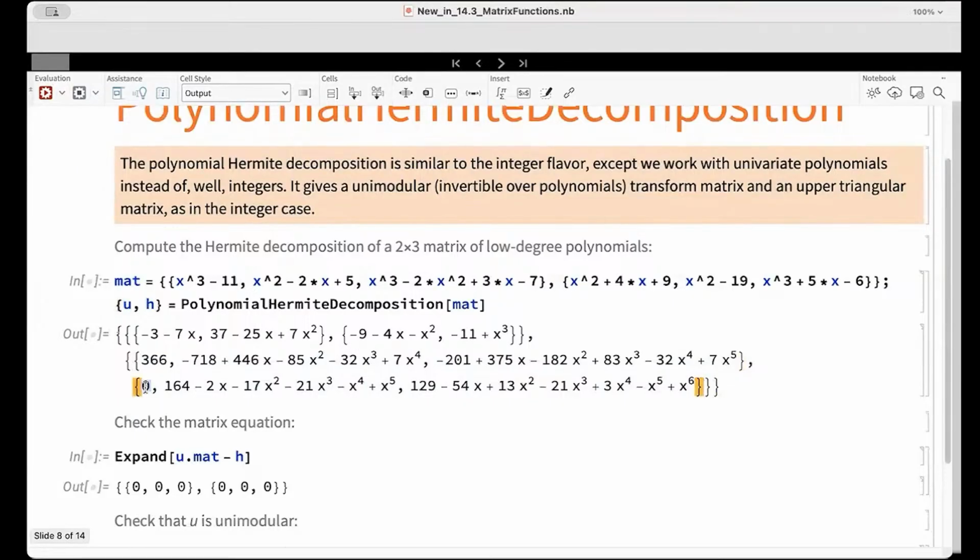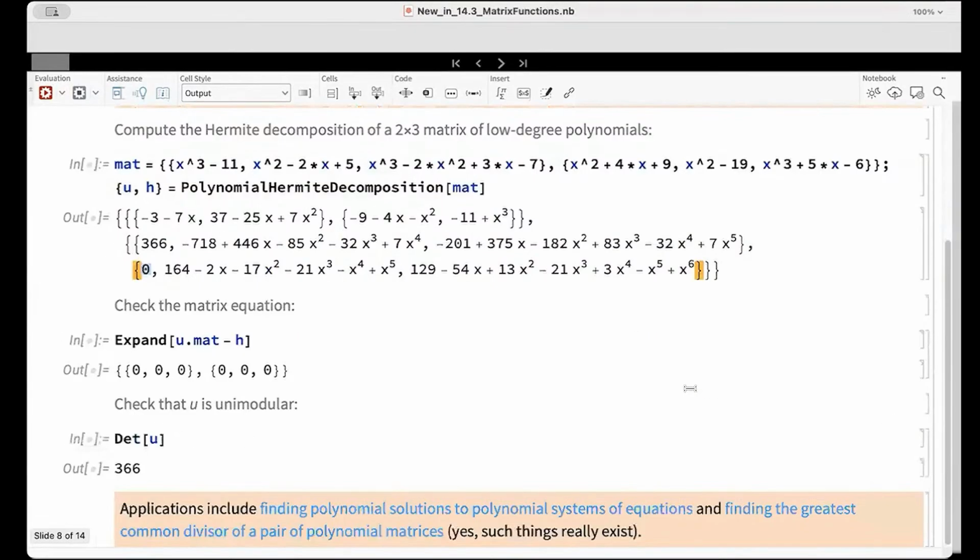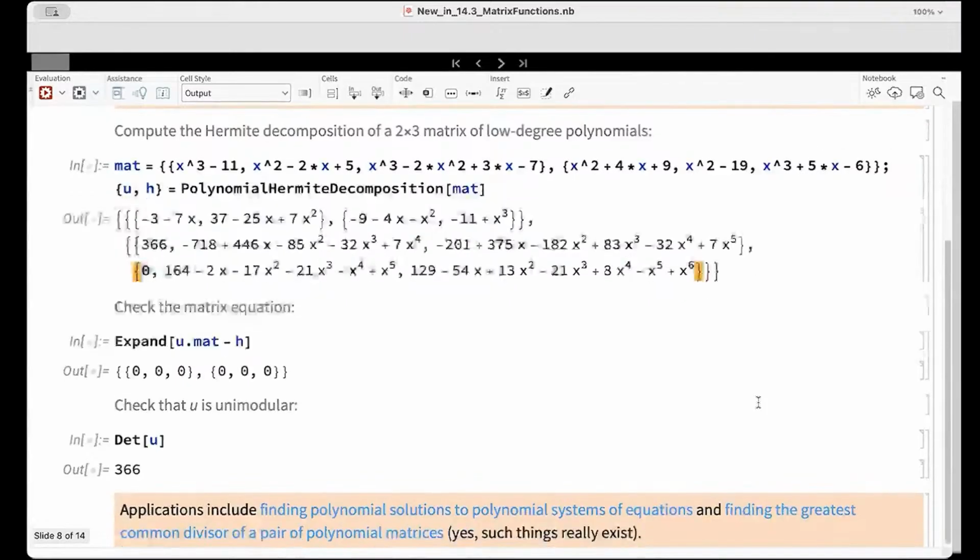So it's upper triangularized. There are some nice applications of this function. And again, the blue is a link to the example itself in the documentation. So check there for further details.